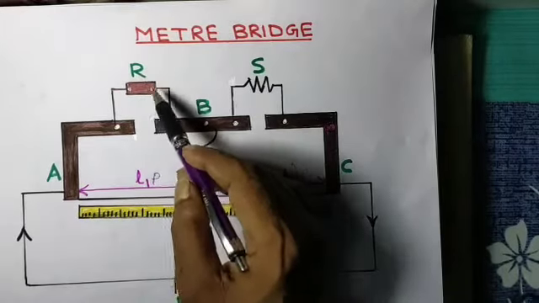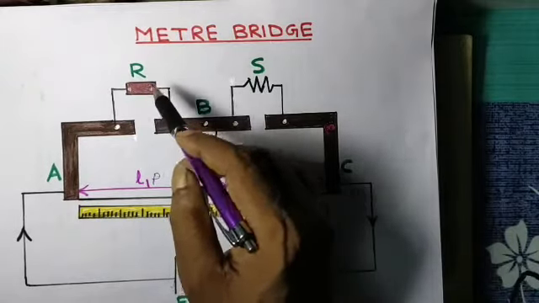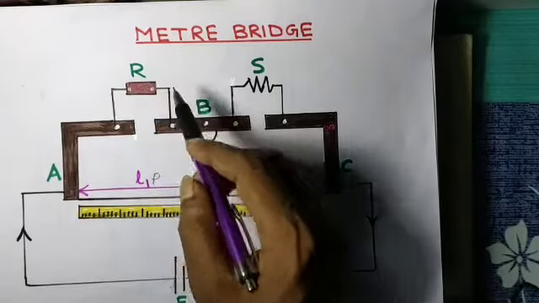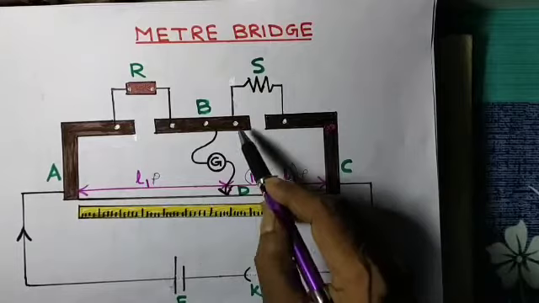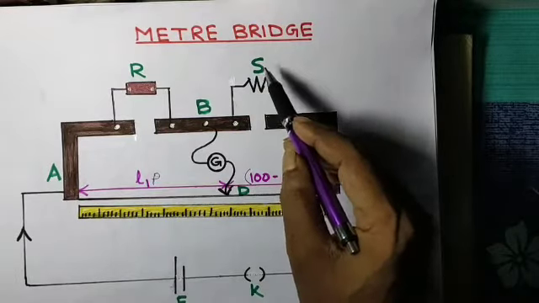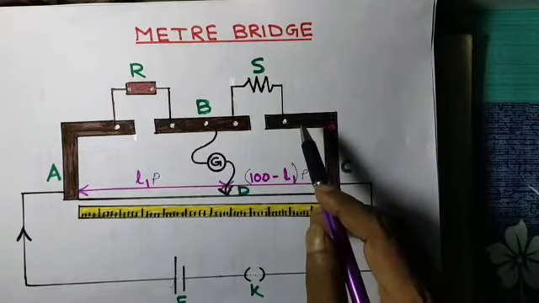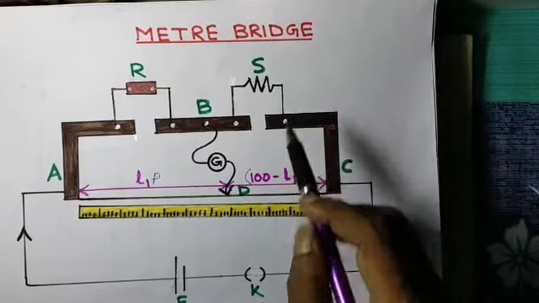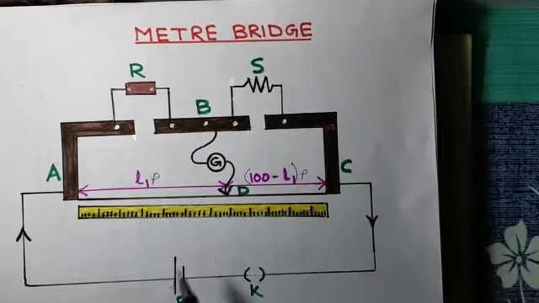The measurement of that R we already know. We have placed an unknown resistance S in the right gap. We have to calculate the value of this unknown resistance.